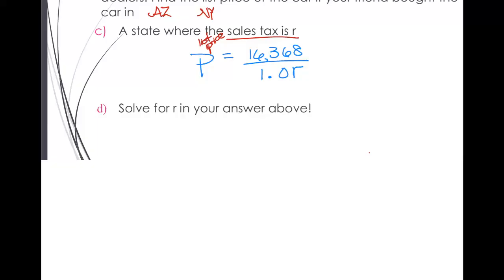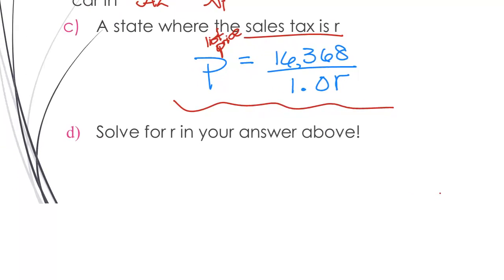How can I solve for R if what we have is this? Good question. Say it again. Equals R. What equals R? Well, I think we're going to have to start out with this because that's the equation I'm going from.